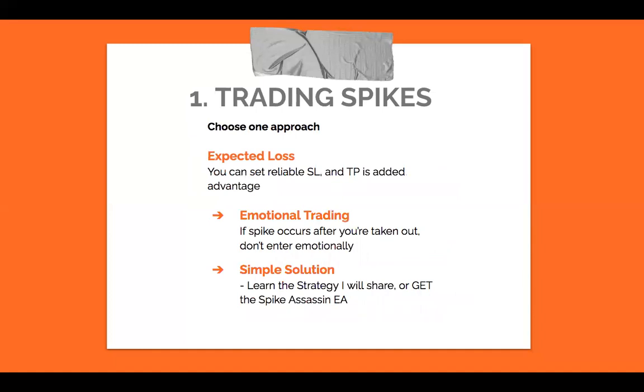is I'm going to talk about spikes. Now, a lot of people have a lot of strategies on trading spikes, whether it's buying Boom 1000 or selling Crash 1000 or whatever the case may be. A lot of people have got different types of approaches. Now, what you need to do as a trader is choose one approach.